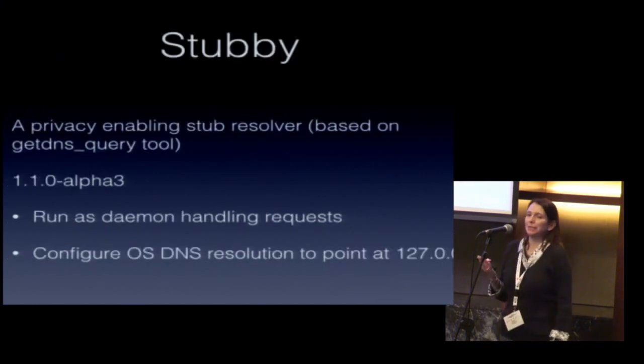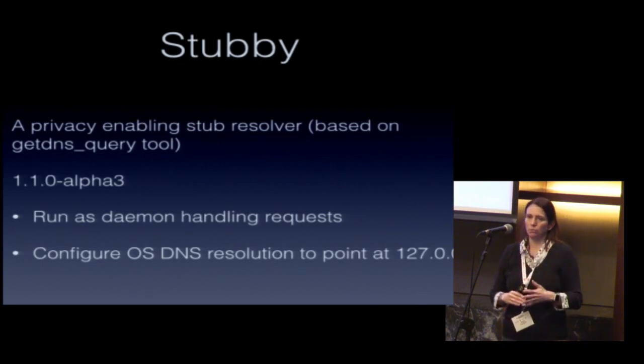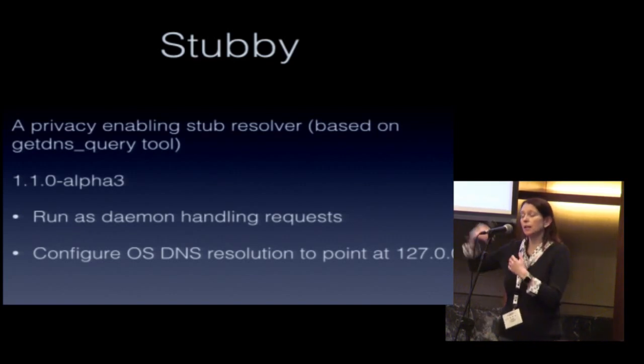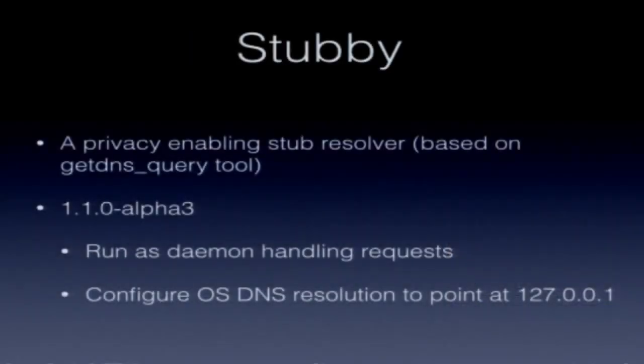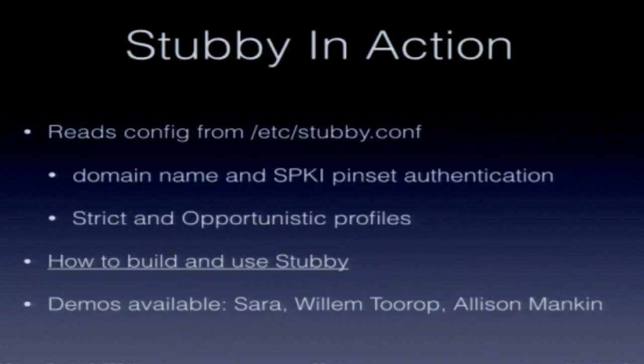But basically what Stubby does is it runs as a daemon on your machine. You point your OS DNS resolution to localhost. Stubby listens on localhost, picks up your queries, and sends them out over the internet over TLS, protecting your privacy. You can configure it via a configuration file. In that file, you can set up all the name servers that you need.